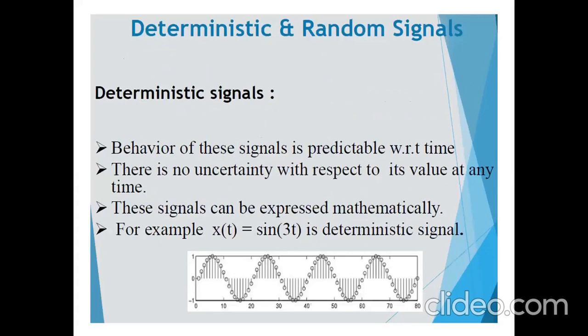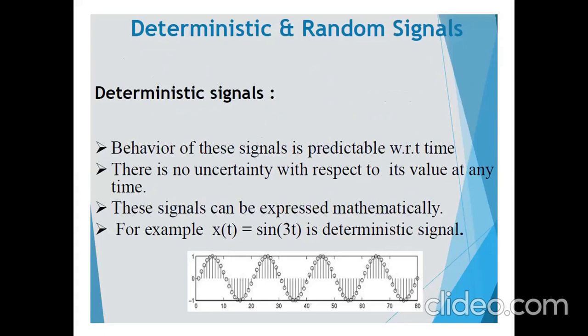Now we see deterministic and random signals. Deterministic signals are deterministic in nature, meaning we can determine them with the help of a mathematical expression. The behavior of this signal is predictable with respect to time, meaning whatever signal we observe in the wave, we can easily predict its behavior with respect to time.